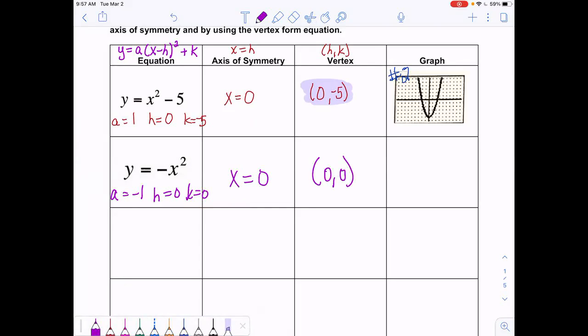So my axis of symmetry is 0. My vertex is 0. So you need to pick a graph that has an axis of symmetry of 0 and a vertex at 0, and the a is negative 1. That tells me my graph goes down. So match the graph. See if you can find the graph down below. So this graph goes down because of the negative 1.